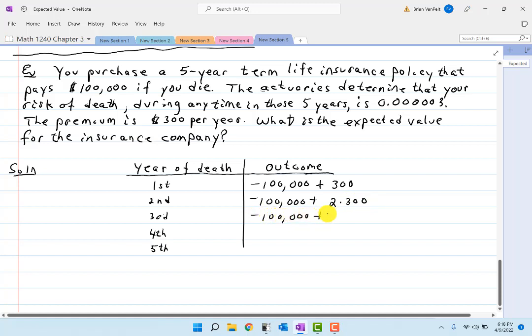Hopefully you can see the pattern here. And then if you live to make it to year 6, which would be the end of the policy, after the policy's over, all they did was make $1,500 off of you and they didn't have to pay out.